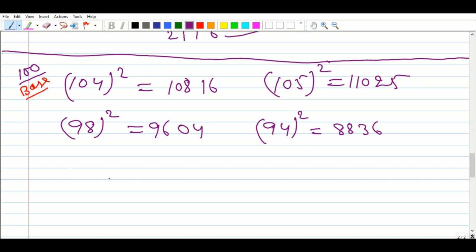So for 303 square, I have explained in the previous video how to find 303, 505, 608.